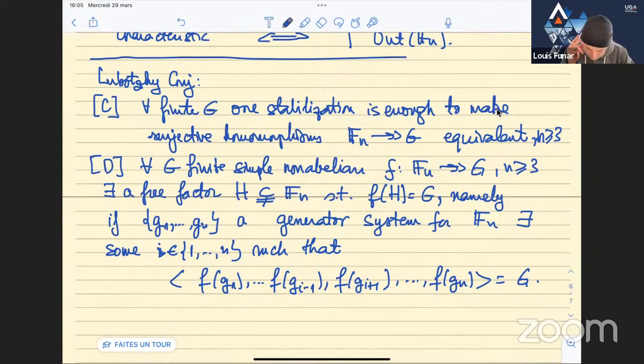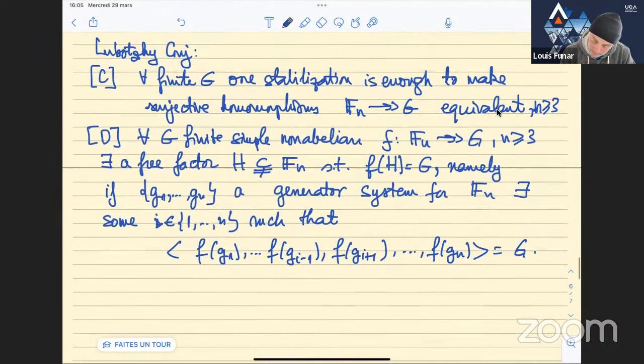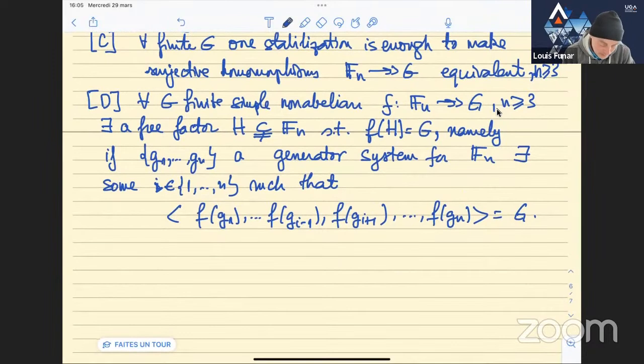This is exactly the kind of thing for which Noskov constructed counterexamples for infinite groups G. But in the case where G is finite, there is still nothing known.